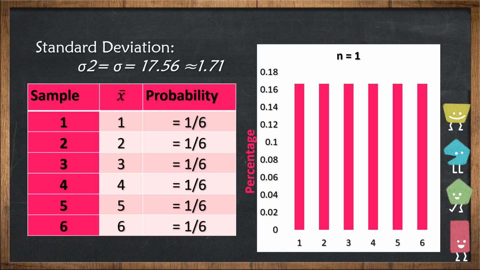Now, standard deviation. We have a sample 1 to 6. The mean is 1, 2, 3, 4, 5, and 6. Then the probability is 1 over 6. So, as what we have here, we have n is equal to 1.